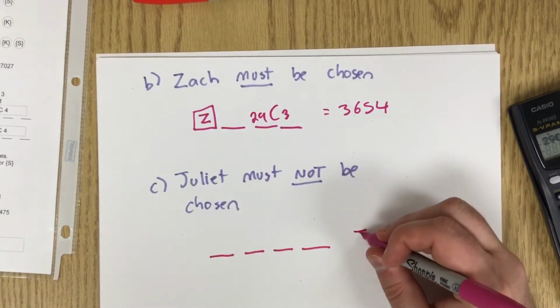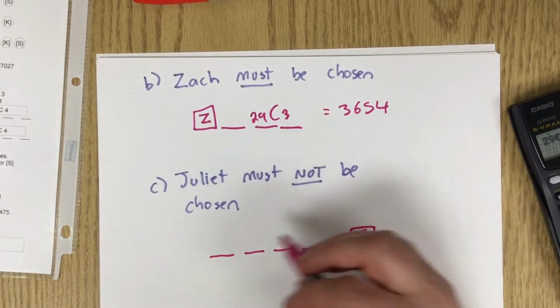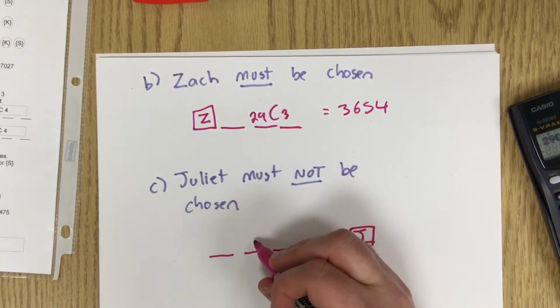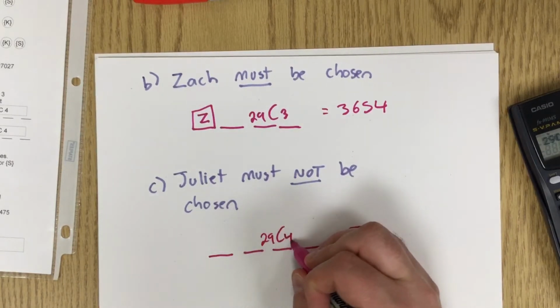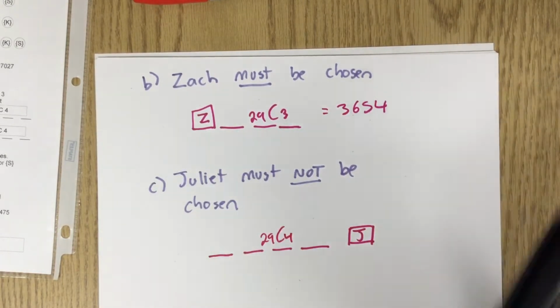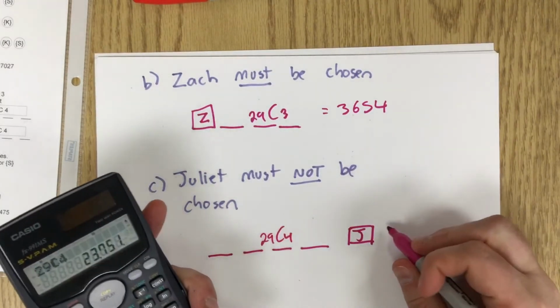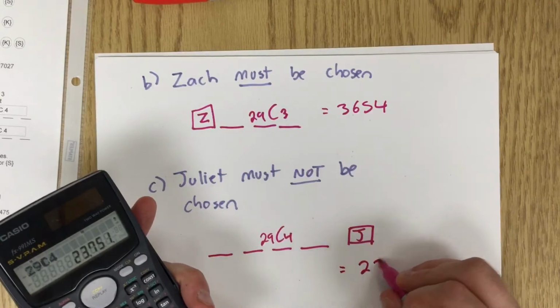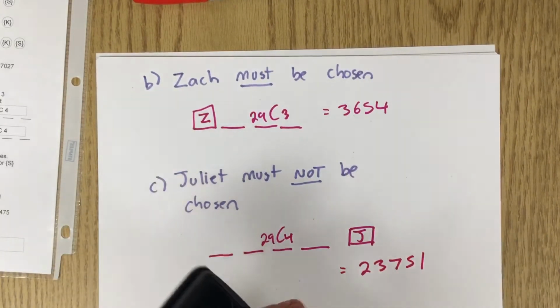So Juliet is guaranteed to not be one of those 4. So there's 29 people, but now we're choosing 4 of the spots. And 29 choose 4 is 23,751.